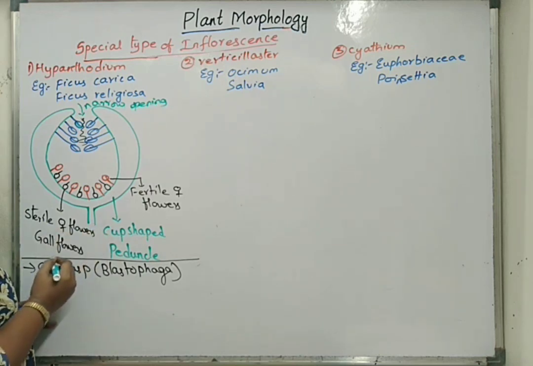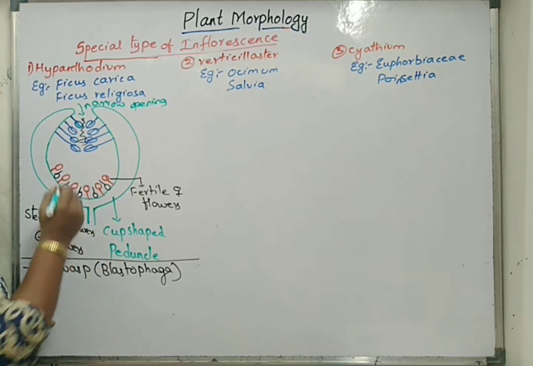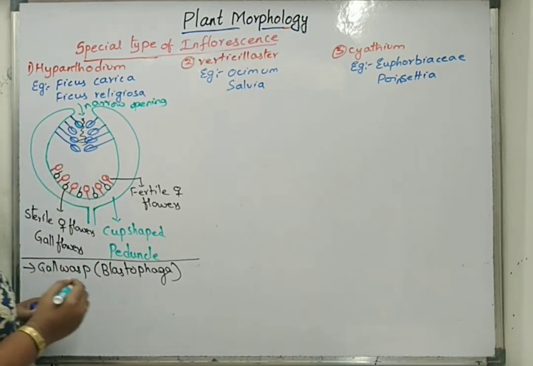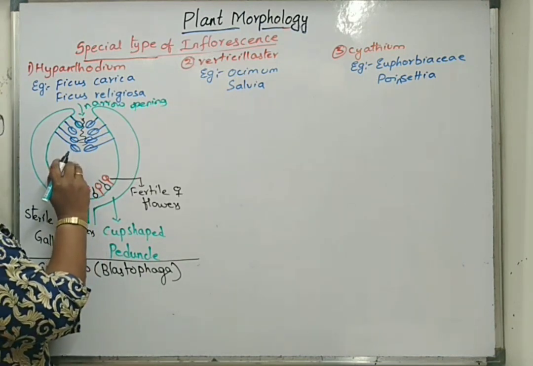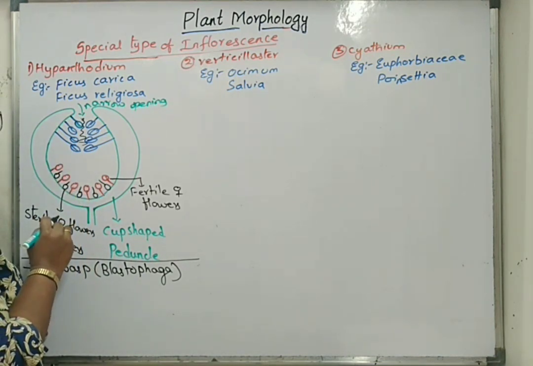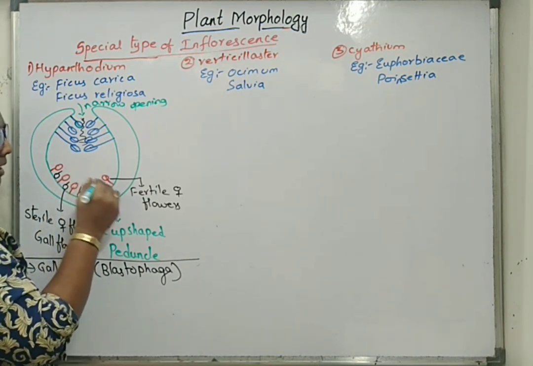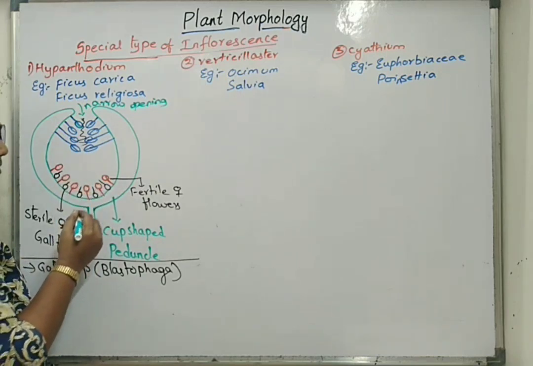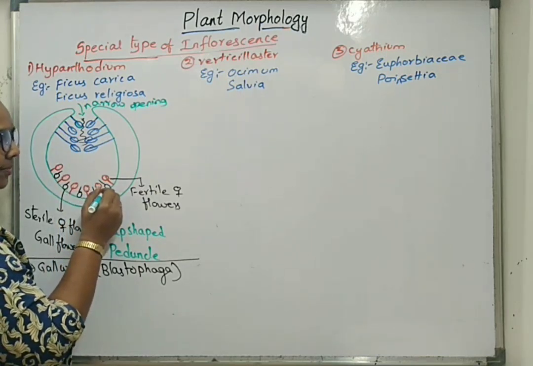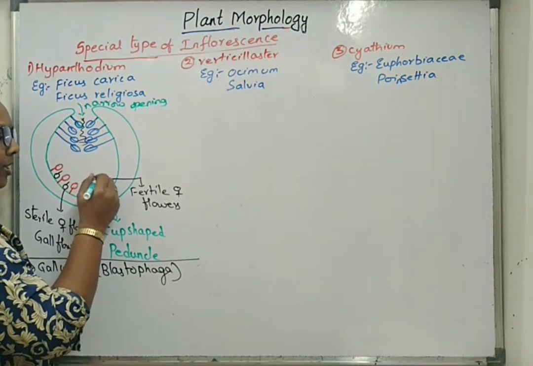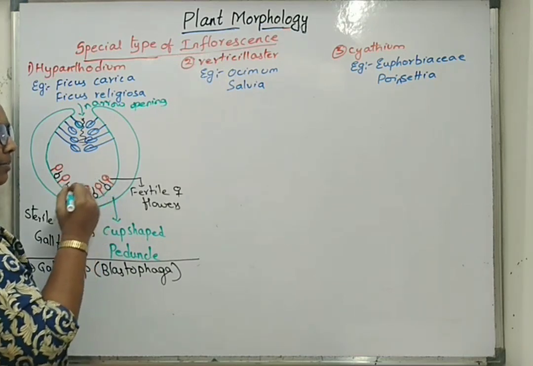Then what is the use of these gall flowers? Wasps mainly enter into the Hypanthodium inflorescence for laying eggs during their reproductive or egg laying breeding season. They lay eggs at a gall flower's place, and when those eggs get hatched, the larva starts eating all the gall flowers and also some female flowers.